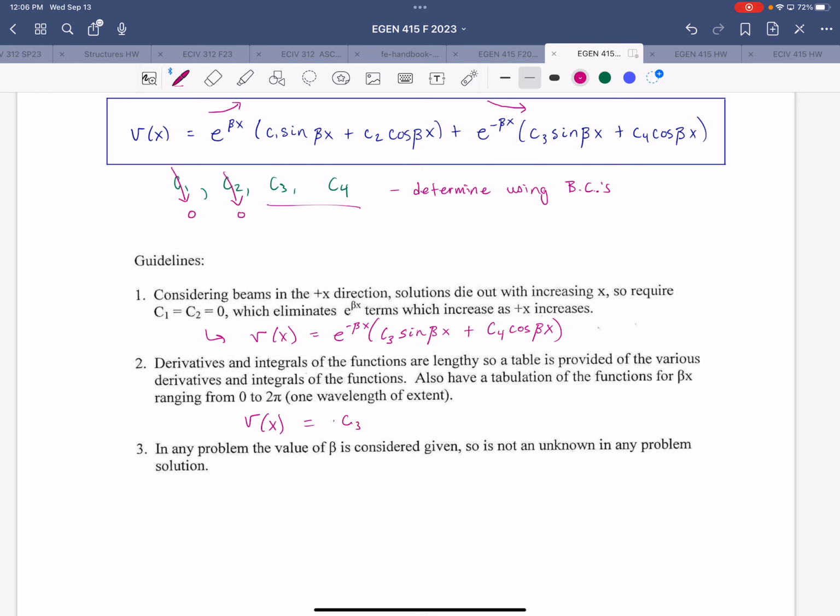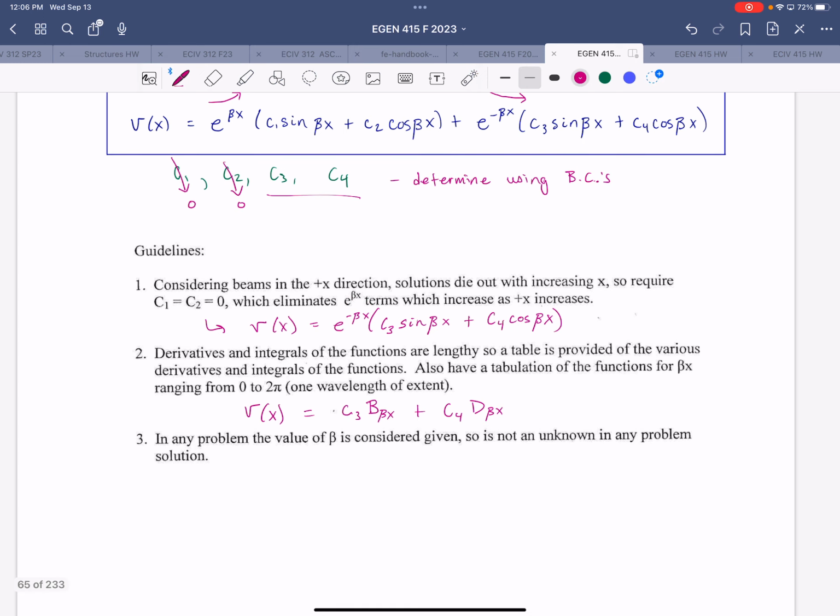We'd have a constant C3 times capital B subscript beta x plus a constant C4 times capital D subscript beta x. These B and D subscript beta x represent the product of the exponent times sine and cosine respectively. So this here is our starting point for solving problems.